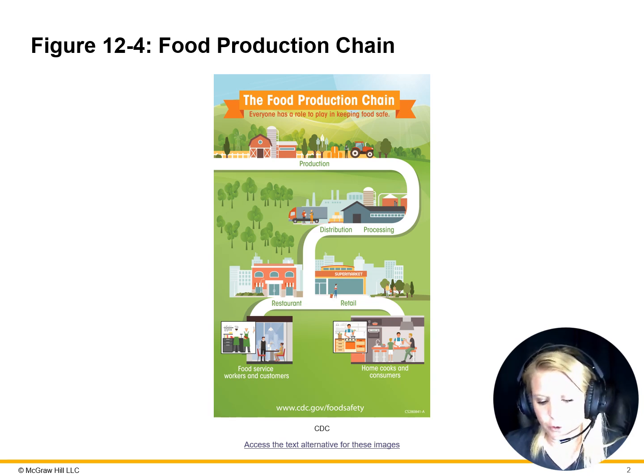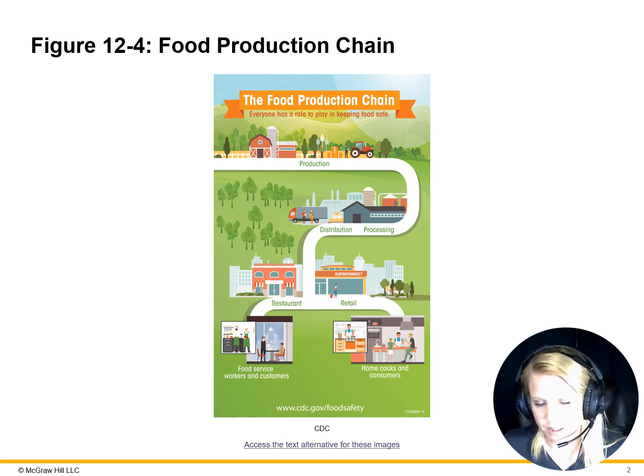All right, so food production chain. Looking at this slide, you can see that our chain starts with production, but also encompasses processing and distribution, then going on into either a restaurant or retail situation, and then eventually it comes to you either at that restaurant or in your home.